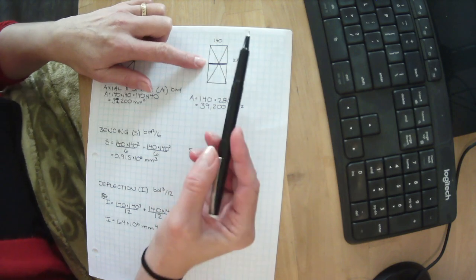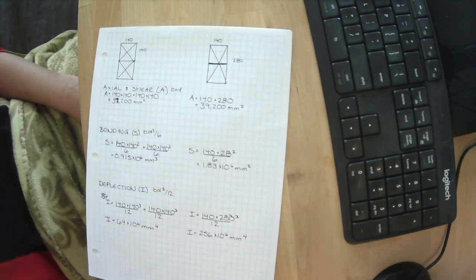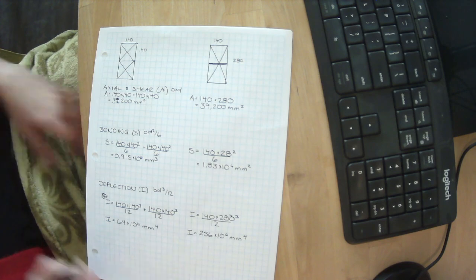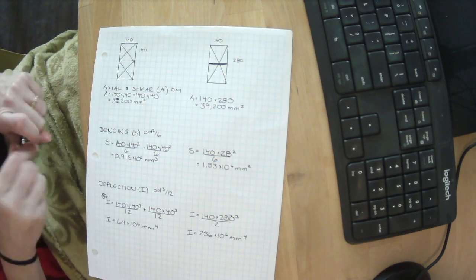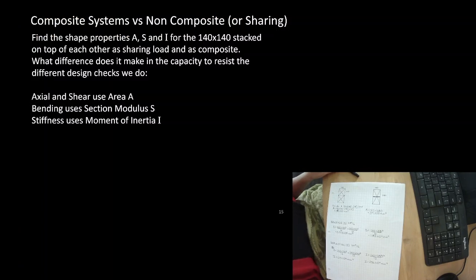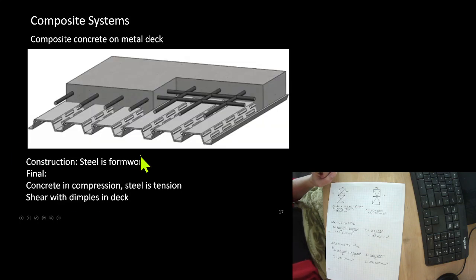Just by ensuring this shear plane is glued together, we have doubled our bending capacity and quadrupled our deflection capacity. That is the huge advantage of composite action. So this is why we would bother to make something composite.